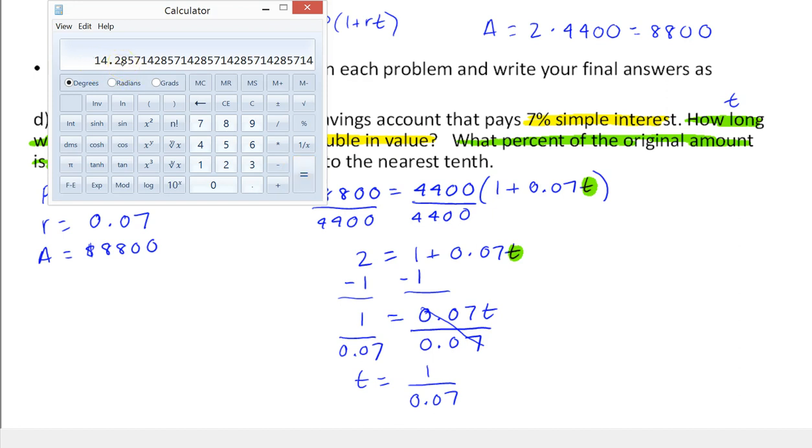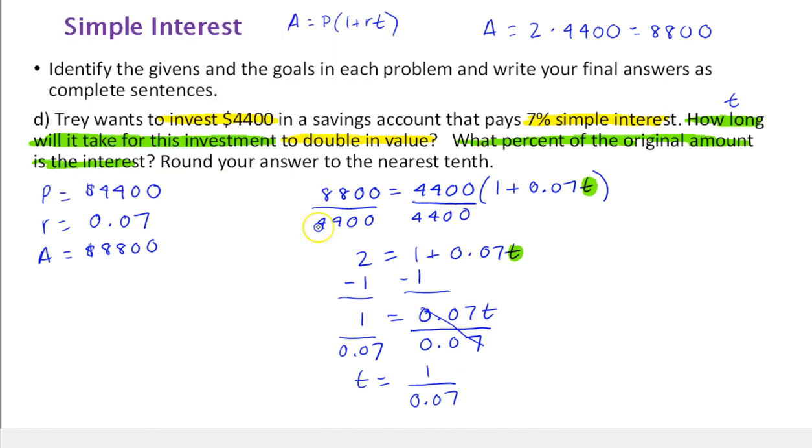I'm going to round up to 14.3. Now remember that was time in years, so it's going to be 14.3 years. Okay. So if Trey invests $4,400 at 7% simple interest, in 14.3 years his account will double to $8,800.